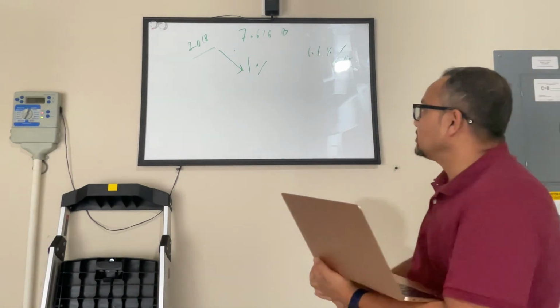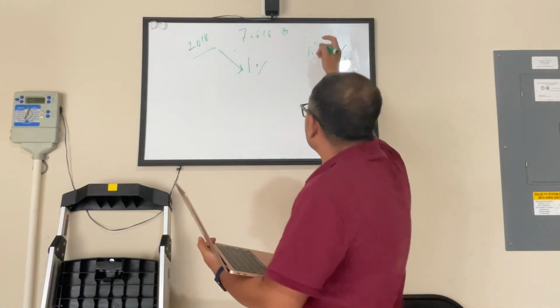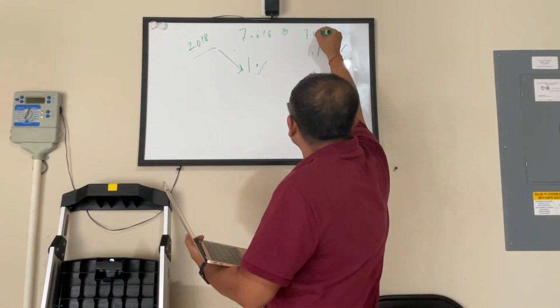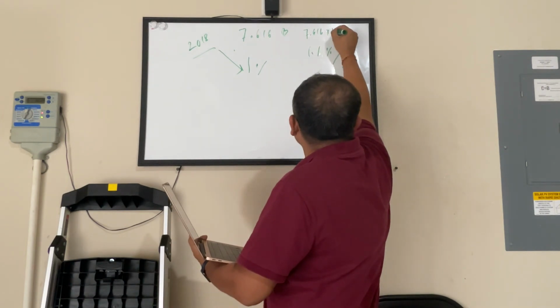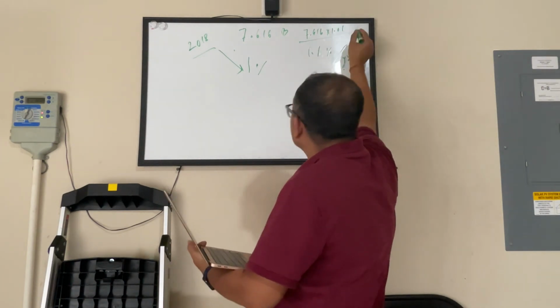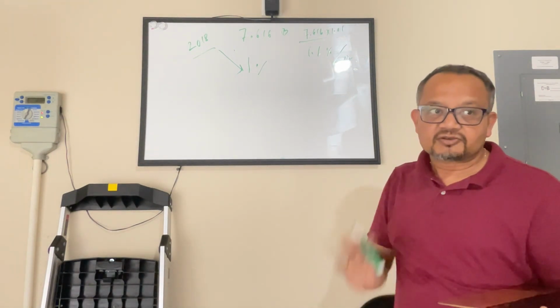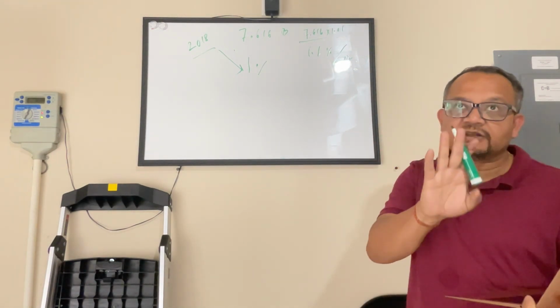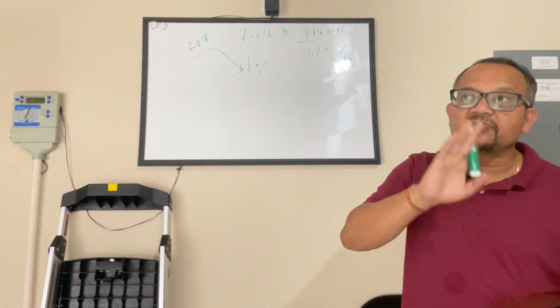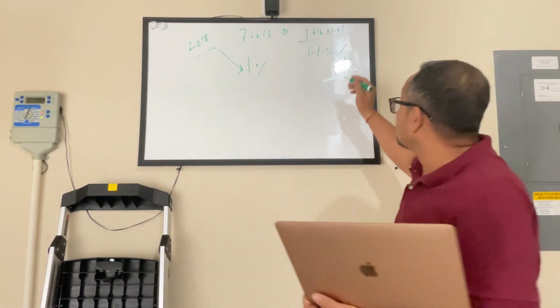So by 2019, it would have become 7.616 into 1.01, this many billions. 1% is that, right? So you had 100, which is 100%. It increased by 1%. 1.1%, right?